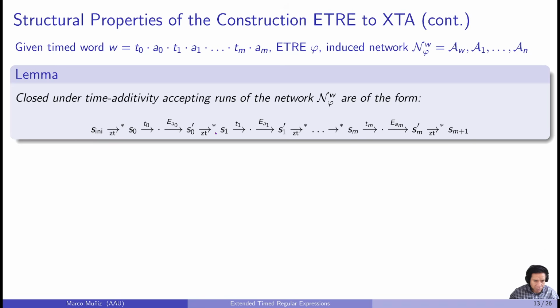Then there is another finite number of executions where time is not elapsing, and then we have the second delay of the time word. Then there is the event. Then all the automata are basically checking urgently if the data fits in the regular expression, and it keeps doing this.